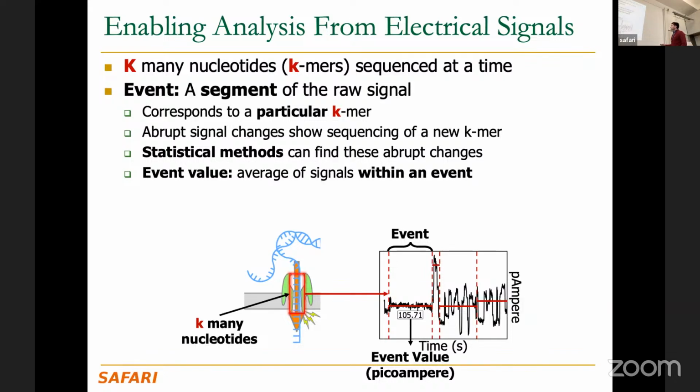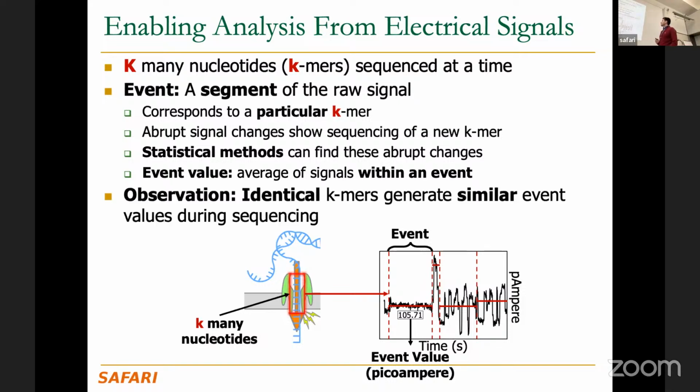Then, rather than labeling this region with a K-mer, we simply label it with a signal value, which is the average of the signal inside that region. This helps us find similarities between the raw signal and a reference genome, as I'll explain next.